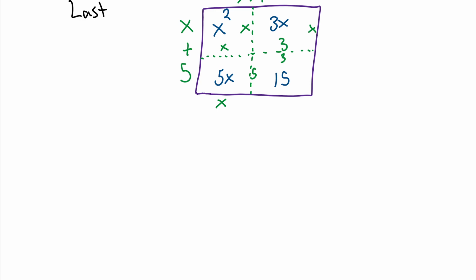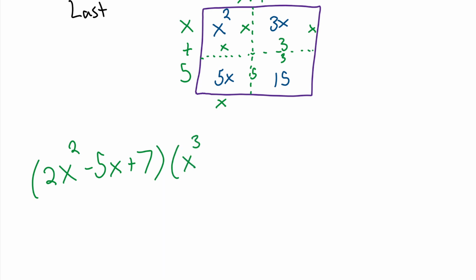So let's take a trinomial and multiply by a trinomial: 2x squared minus 5x plus 7 times x cubed plus 15x minus 8.